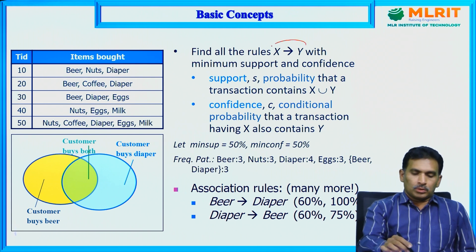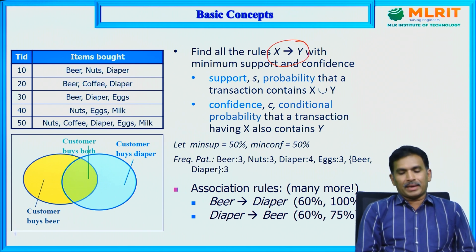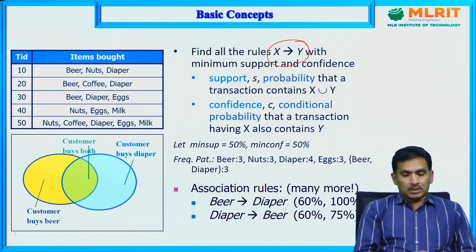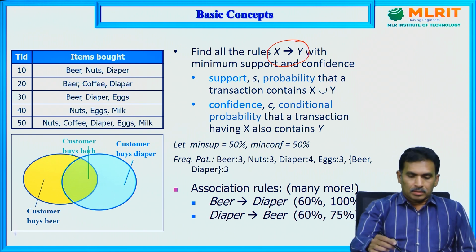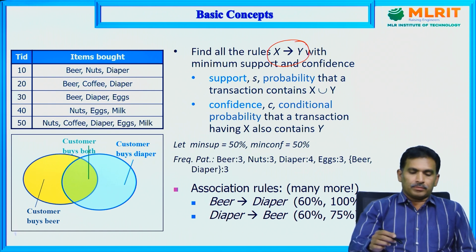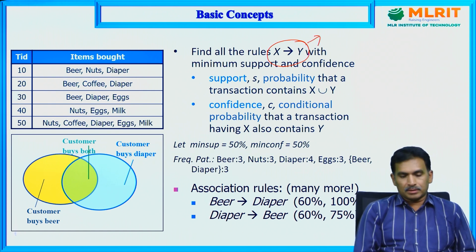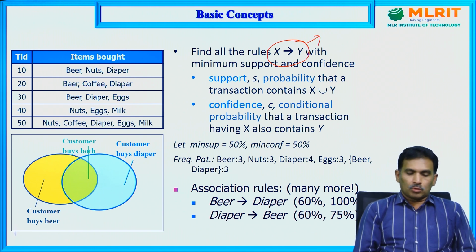A rule could be like if X then Y, in the form of X and then Y, with a minimum support and confidence. That means we check whether a rule is interesting or not based on the support and confidence. So how can we calculate the support and also the confidence?